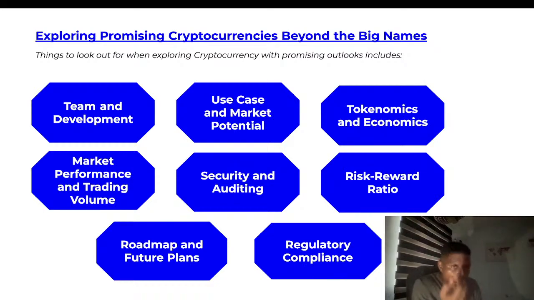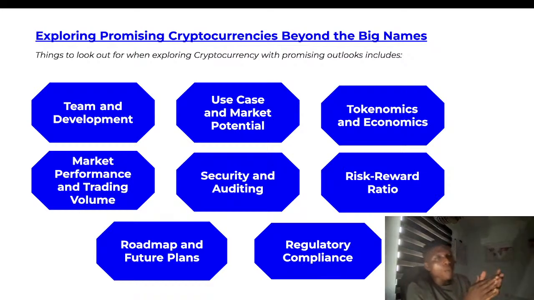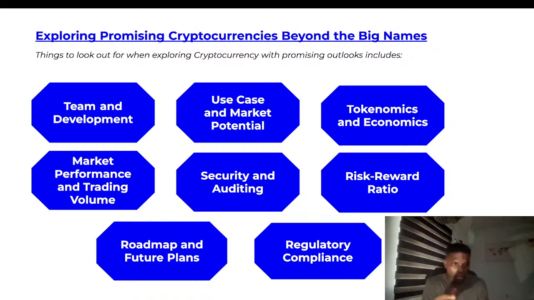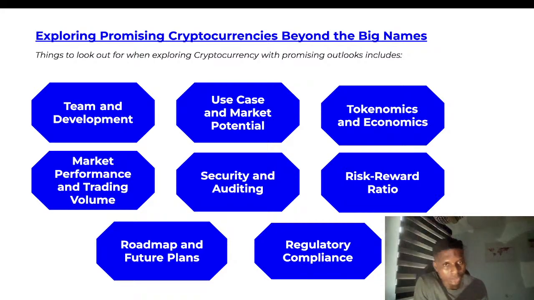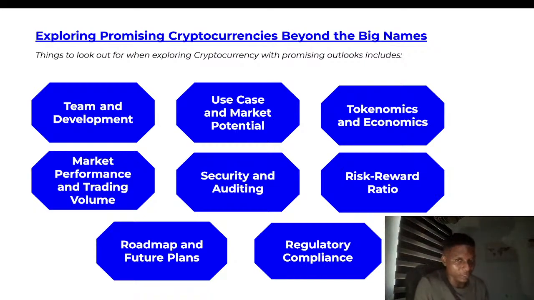How much money is coming in and out of the market? What is the volume of buyers and sellers in dollar terms in the market? This would help you to know how active the market is, so you don't buy into an illiquid cryptocurrency.